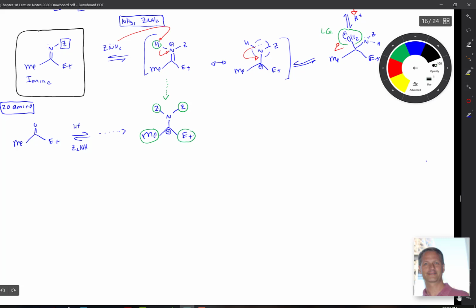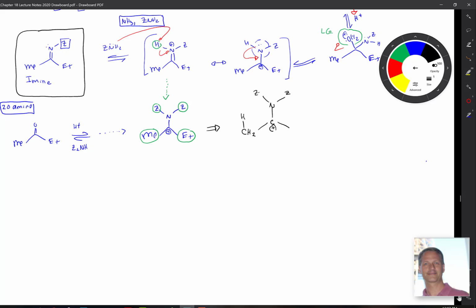Right? So in this case, for example, if we were to look closer at it, that methyl is a CH3, we can write it as a CH2, an H. You have your carbon and your nitrogen here, with your Z group and your Z group, and then your plus charge down here.